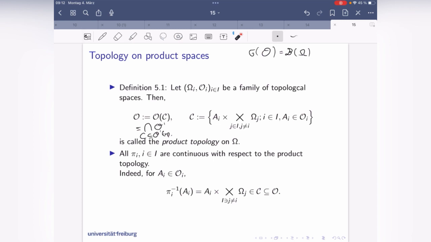And one remark, which is also important, the pi_i, so the projections, they are continuous with respect to this topology.